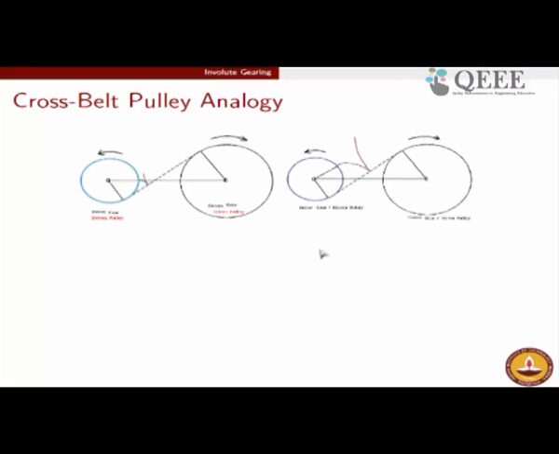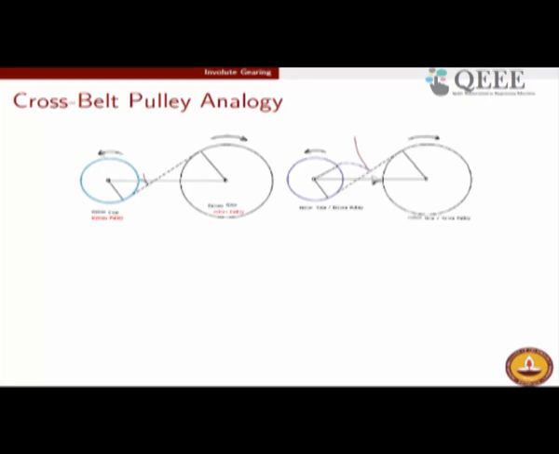But I will show a video of this illustration of this idea such that you get a better hang of this visualization. But before I do that, another point that I would like to reiterate. Please note, during this entire course of motion, the common normal between these two profiles is nothing but the cross belt itself, right.